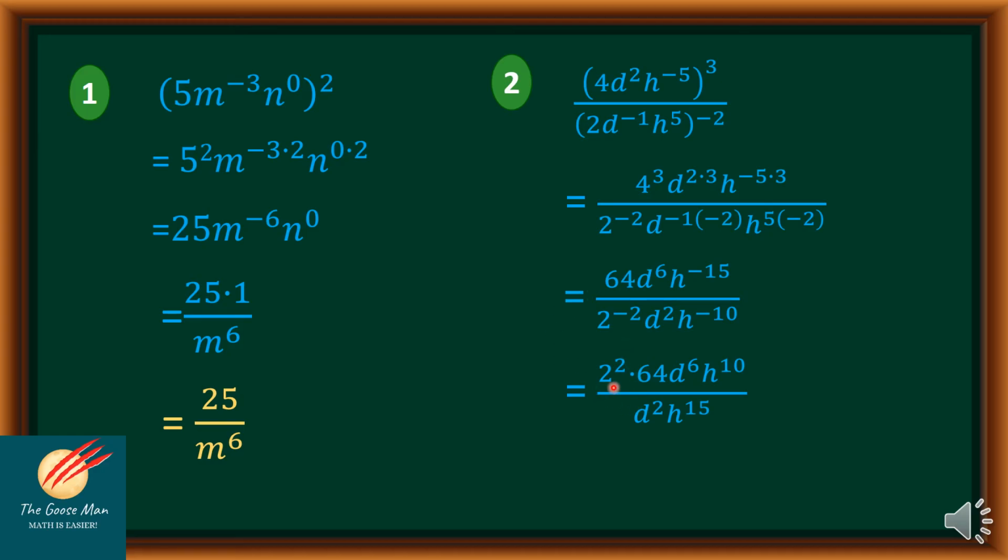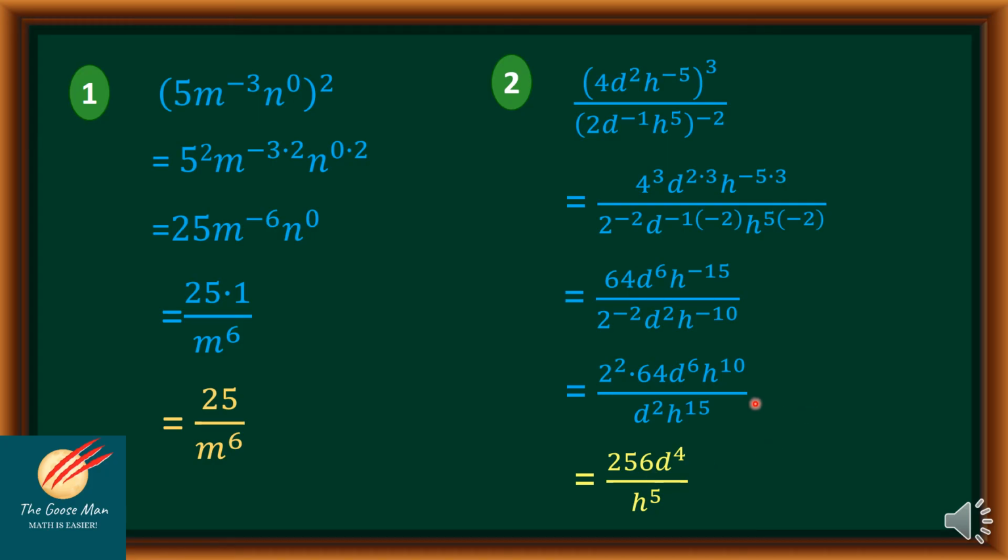So I now have 2 raised to 2 times 64, d raised to 6, h raised to 10, because I put h raised to negative 10 from the denominator, so it is now h raised to 10. Then I have d squared all over, okay, d squared times h raised to 15. Simplifying it further, 2 squared is equal to 4 times 64 is equal to 256.